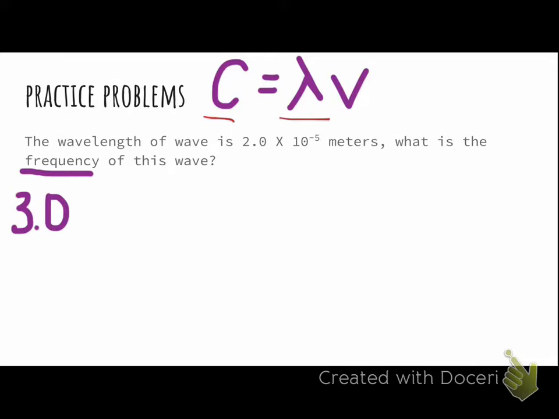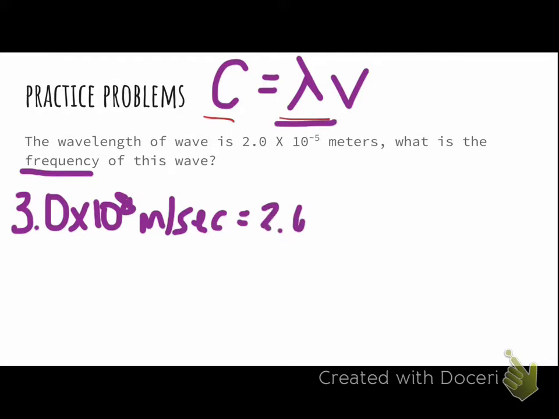So 3.0 times 10 to the 8th meters per second equals, now we're going to insert our wavelength, 2.0 times 10 to the negative 5th meters, and we're multiplying that by our frequency. We're just going to rearrange this equation.